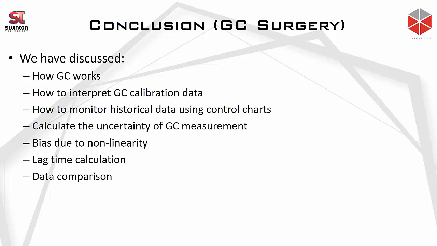So as the conclusion of the whole GC surgery, we have discussed how the GC works to begin with, and how to interpret the GC calibration data, and from there how to record and monitor the historical data using control charts, then how to quantify the control chart into an uncertainty value that we can actually use to analyze the GC performance over time, and then the bias due to nonlinearity of the detector, then how to do the lag time calculation, and today we talked about the data comparison.